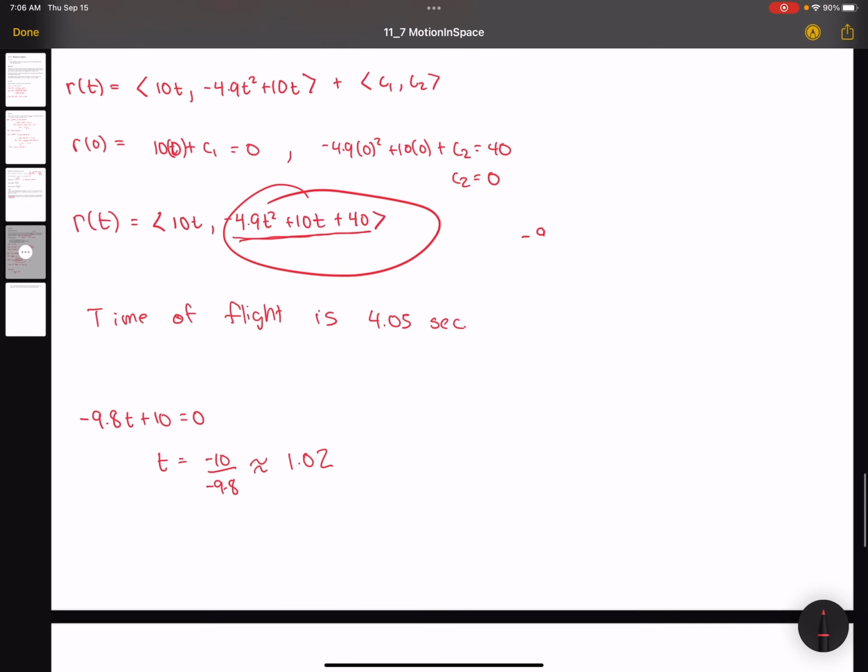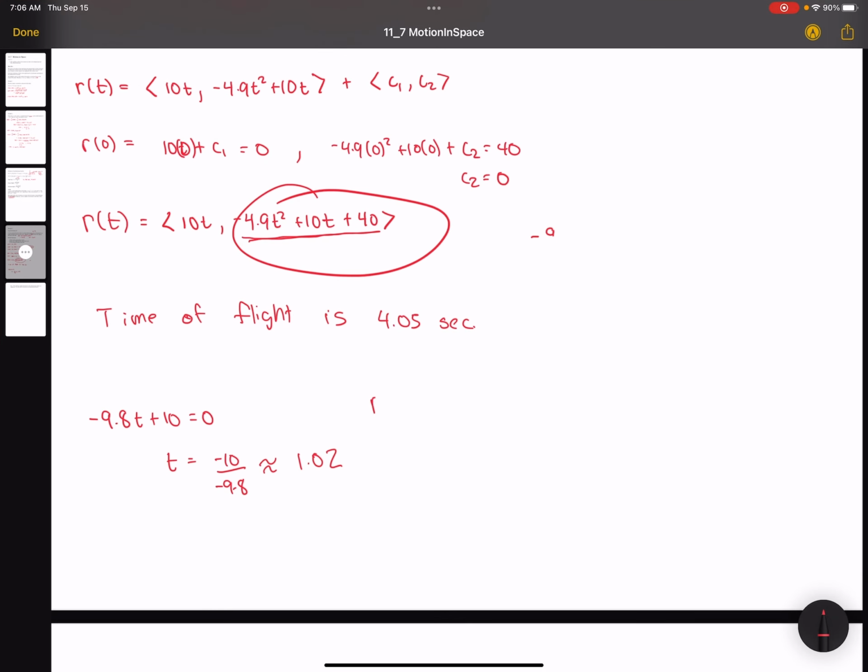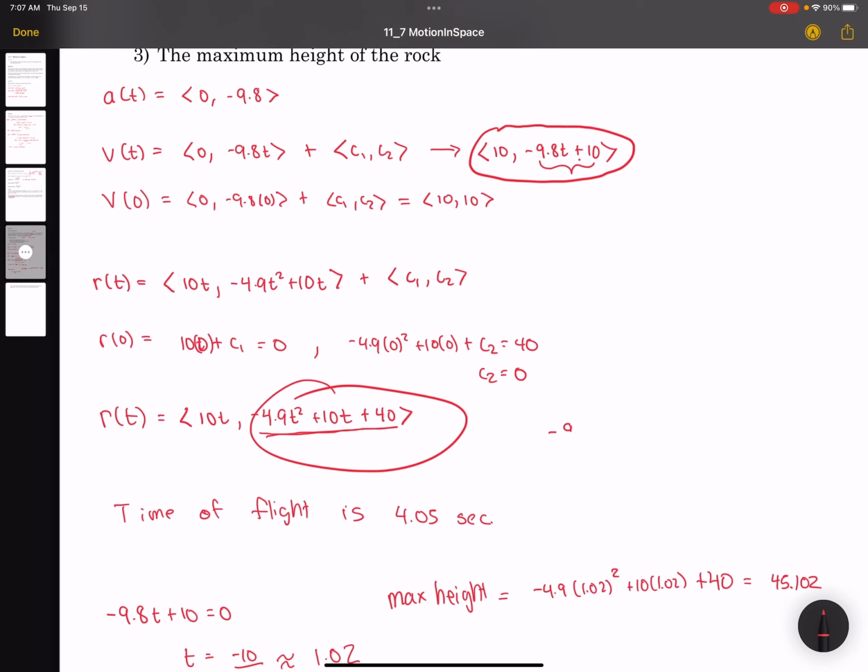So max height is equal to negative 4.9 times 1.02 squared plus 10 times 1.02 plus 40, and I think that was 45.102, things that we can see by inspection.